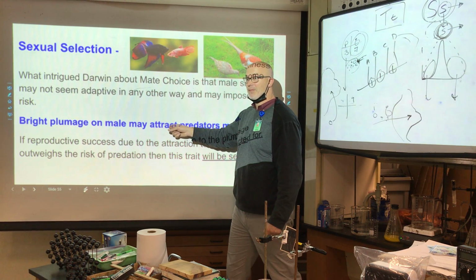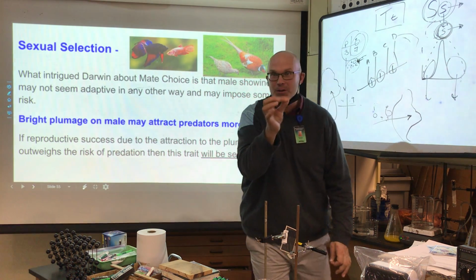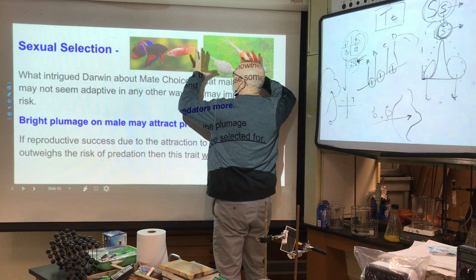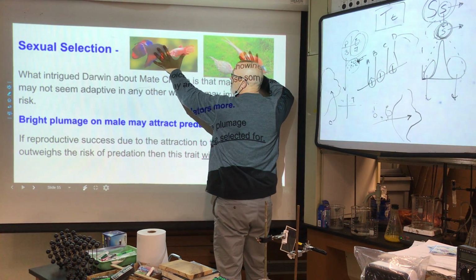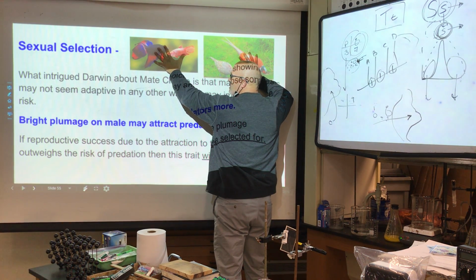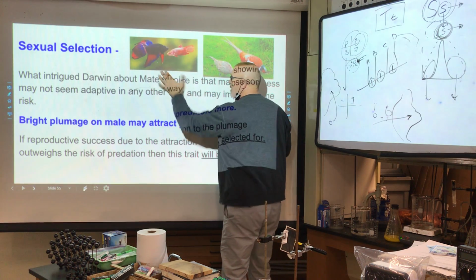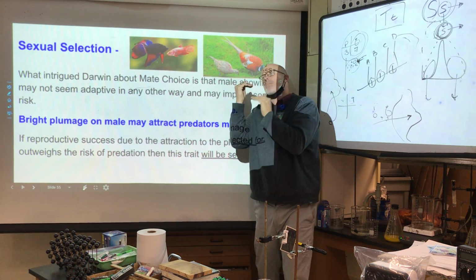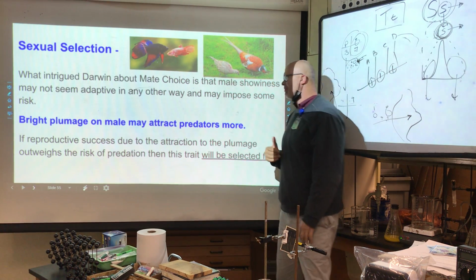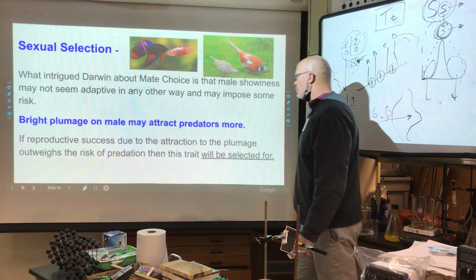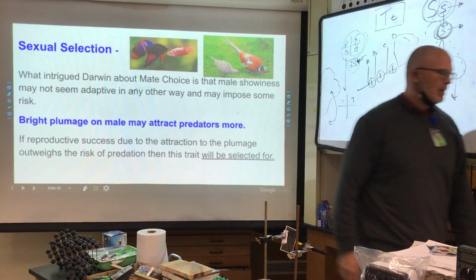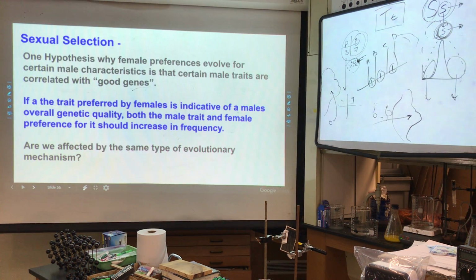Because they're still here. And all it has to be is a slight advantage. There has to be a slight advantage in these populations doing it this way to pick the best mates, to produce the best zygotes for the next generation, even though they risk being eaten more by their predators. There must still be a better advantage that way. That's all you need. If reproductive success due to the attraction of the plumage outweighs the risk of predation, then this trait will be selected for. And it just has to beat it.